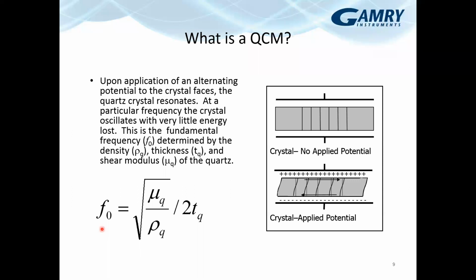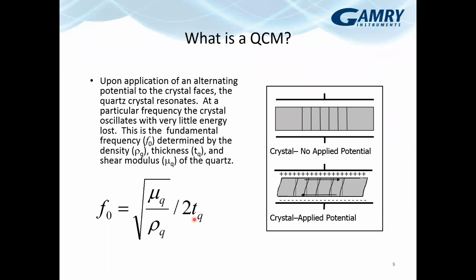And this is purely dictated by the crystal itself, the quartz. So here, the mu Q, where Q is for quartz, is the shear modulus of the crystal, and the rho is the density, and then the thickness.